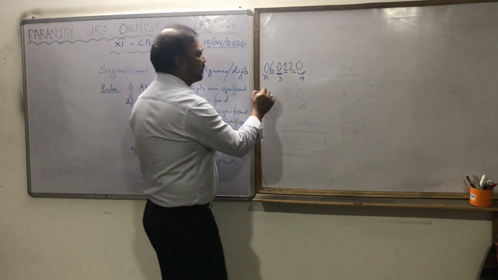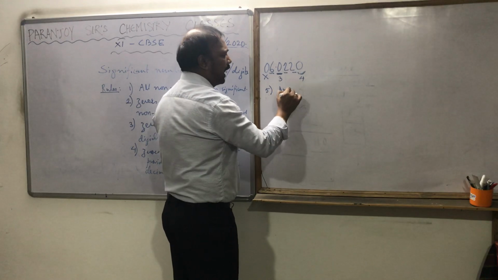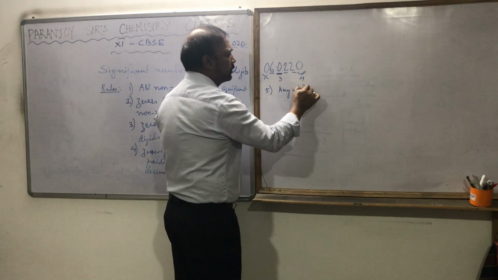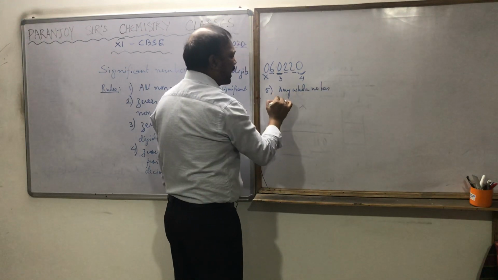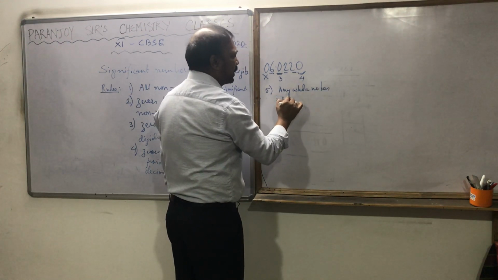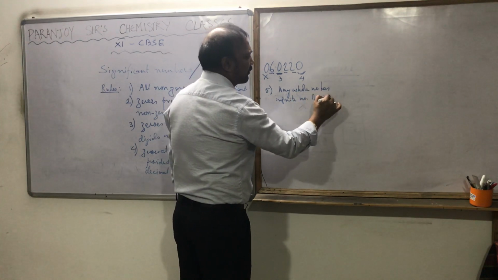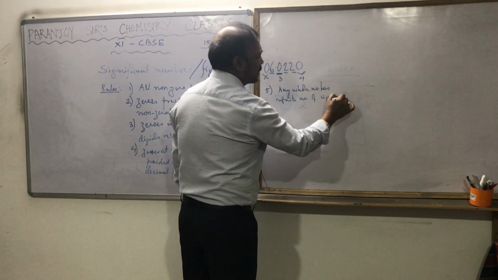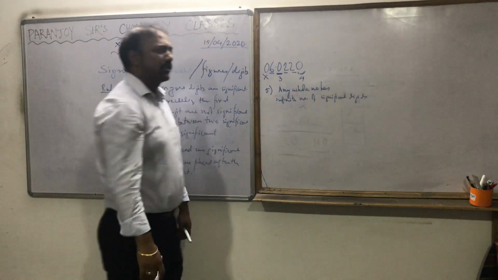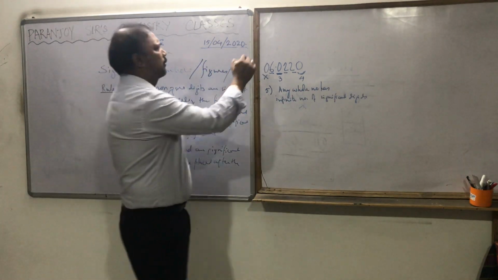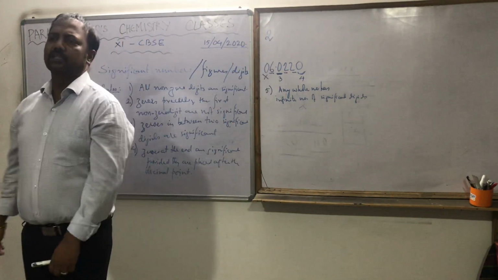Rule number 5: any whole number has an infinite number of significant digits. What is the meaning of that? For example, if I write 2, how many significant digits are there?